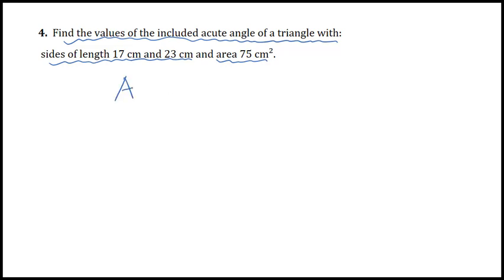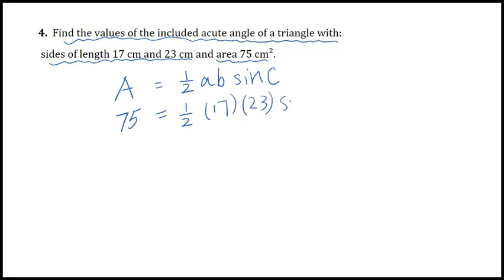We know this formula: area equals 1/2 AB sin C. Then we plug in the values. Area is 75, 1/2, A will be 17, B will be 23, then sin C. We're looking for this angle C now.